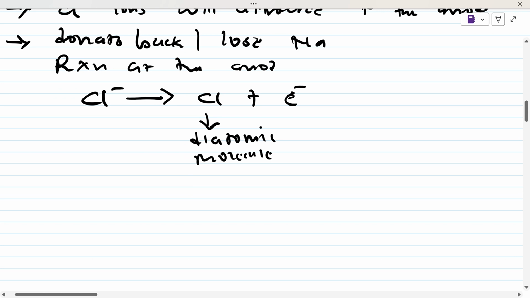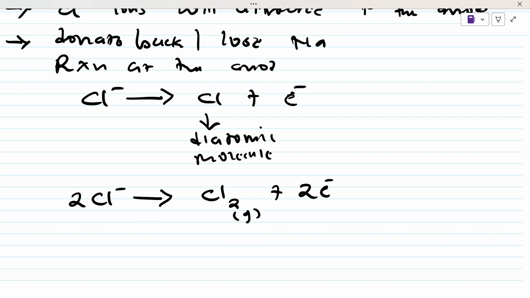So the real reaction that is happening will be, now two chloride ions will be forming chlorine gas and donating 2 electrons. Now this is the reaction that is happening at the anode, meaning electrons have been donated and we formed chlorine gas.